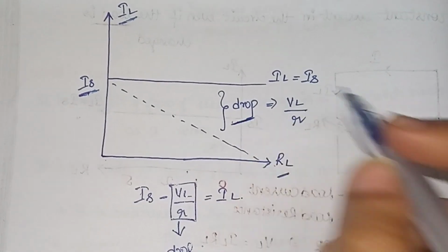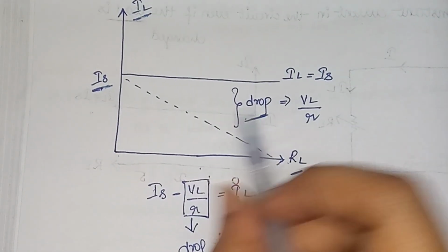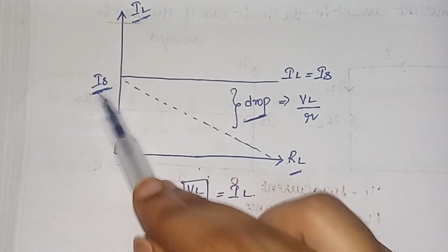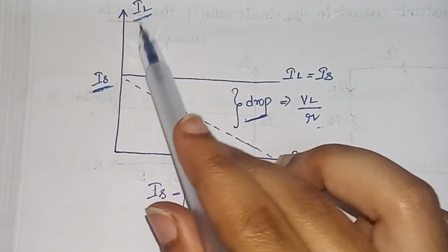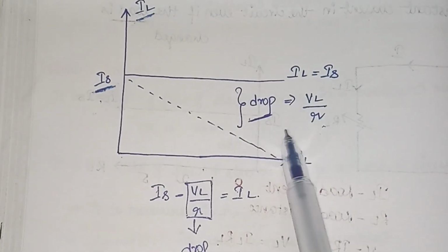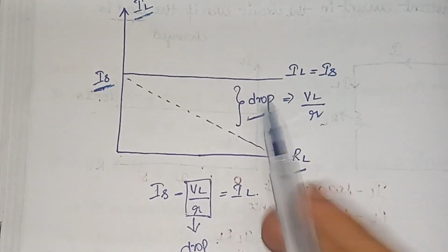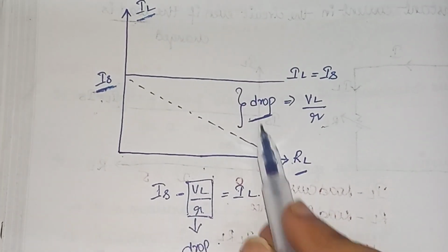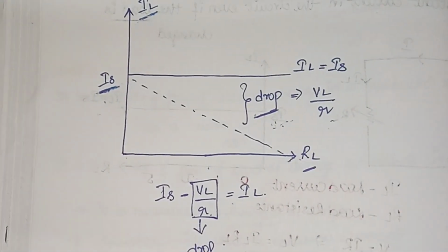See, from your source current, the drop value which you subtract will give you this particular load current. So we subtract the VL by R value from IS to get this value, and that subtracted drop value is our potential drop. So this is the graph we have.